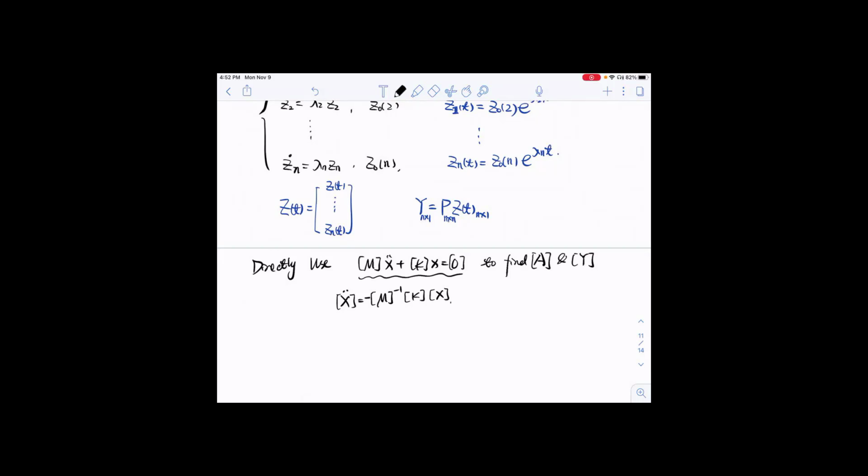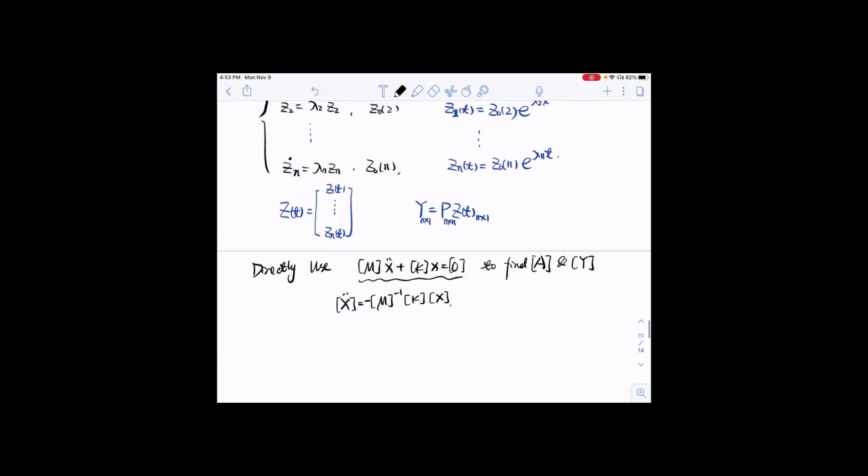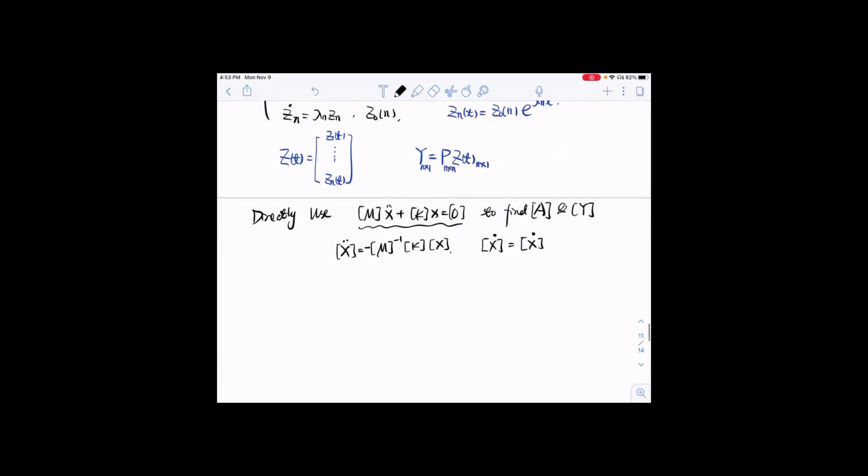Nothing special. We just move all the x terms to the right-hand side and only leave x double dot on the left-hand side. Then there's another equation, which is directly x velocity equals velocity. Now let's look at our Y. Your Y is x and x dot, each 2 by 1, and in total that is 4 by 1.